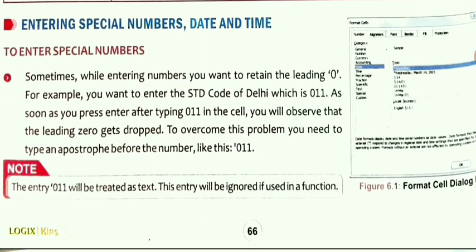Now the next topic is entering special numbers, date and time. To enter special numbers, actually sometimes while entering numbers you want to retain the leading 0. For example, you want to enter STD code of Delhi, which is 011.